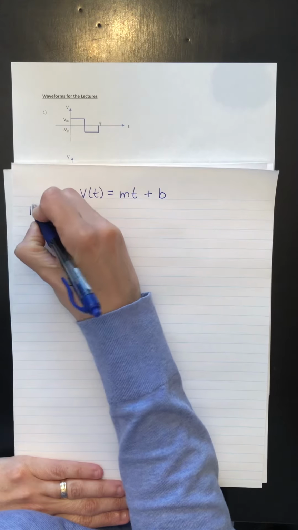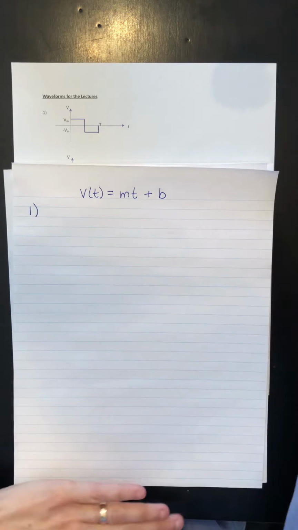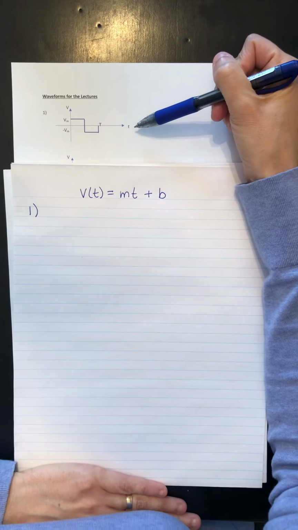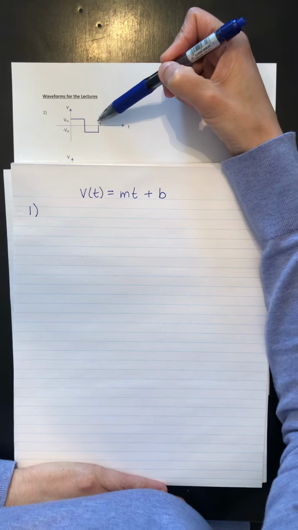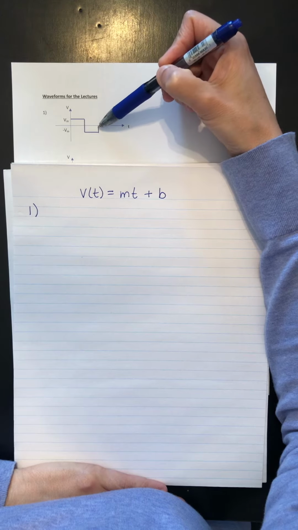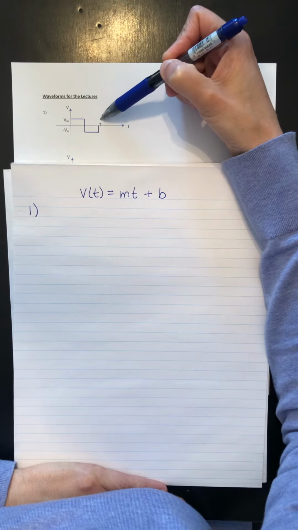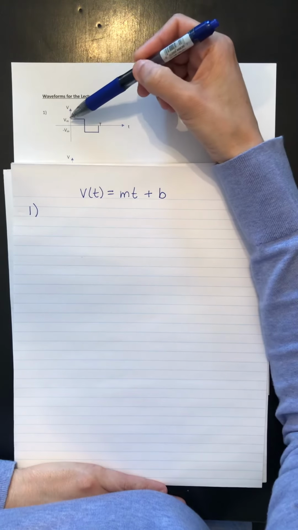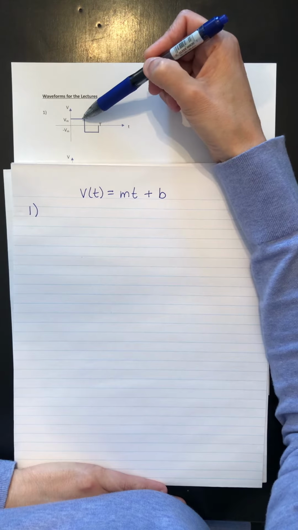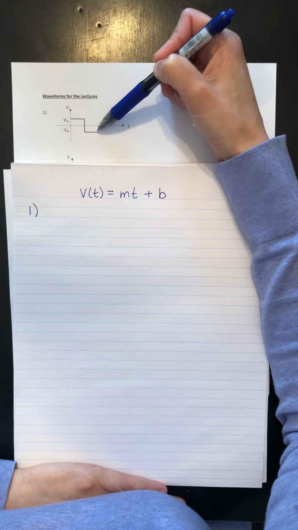All right, let's look at the first drawing here. Notice that what I've gone ahead and done is included where one full period would end. So for this waveform, we have one positive half cycle and one negative half cycle.